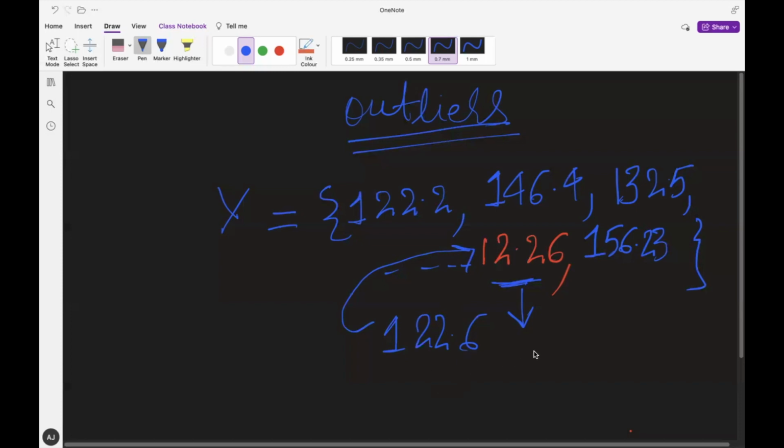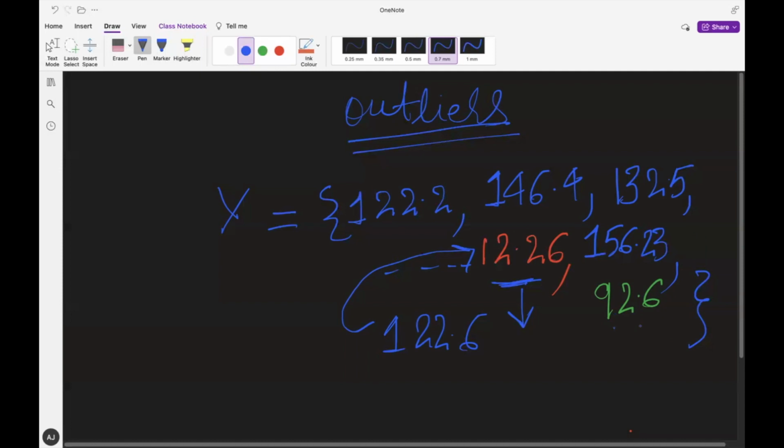It could also be that there is actually one person. So for example, if we have one more value in our set of values, and let's say I am writing this value as 92.6, fine. So this is one more observation I have added here in my set of observations.